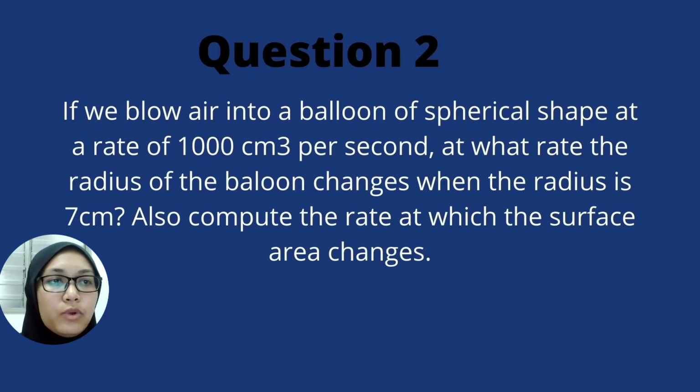So for question 2, we blow air into a balloon of spherical shape at a rate of 1000 centimeter cubed per second. Find the rate at which the radius of the balloon changes when the radius is 7 cm. Also compute the rate at which the surface area changes.